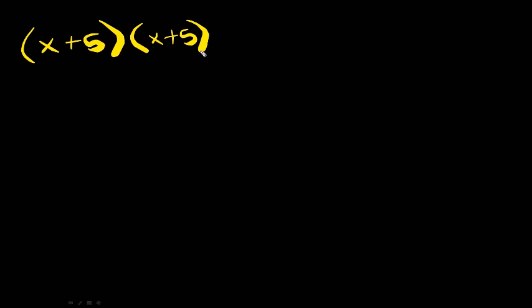Now, the good thing about algebra is that you can just plug it back in or redo the problem to see if you're correct. If the original equation was x squared plus 10x plus 25 and you were unsure of how you did it, you can always FOIL this back in.